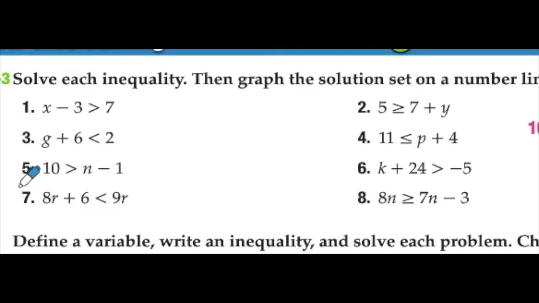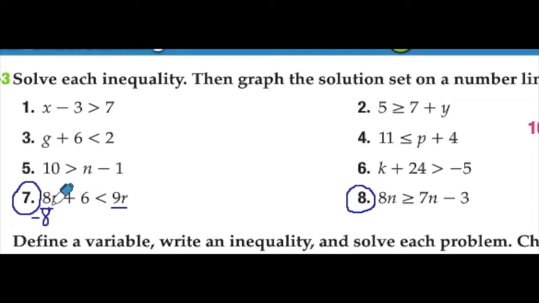I just want to point out two more problems that have variables on both sides. If you look at page 288, number 7 and number 8 both have variables on both sides. When I have variables on both sides, I'm really aiming to find a coefficient that's greater than 1. I don't want a negative coefficient. And so in number 7, I have 8r and 9r.